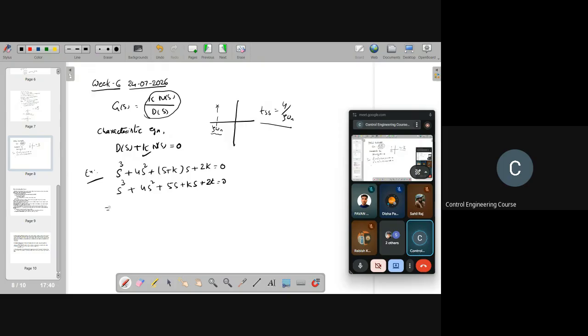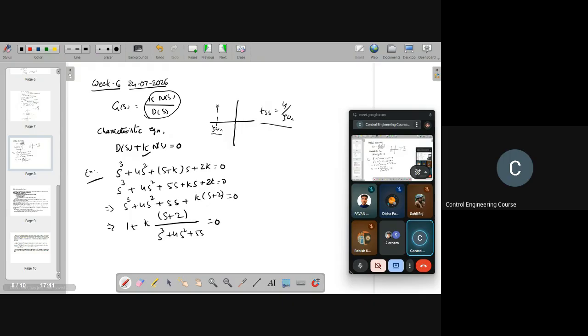That implies s cube plus 4s square plus 5s plus k into s plus 2 equal to 0, which we can write as 1 plus k into s plus 2 by s cube plus 4s square plus 5s equal to 0.